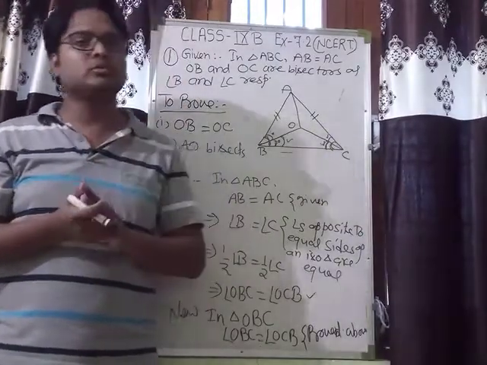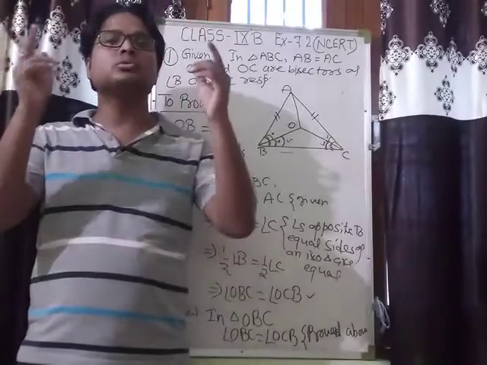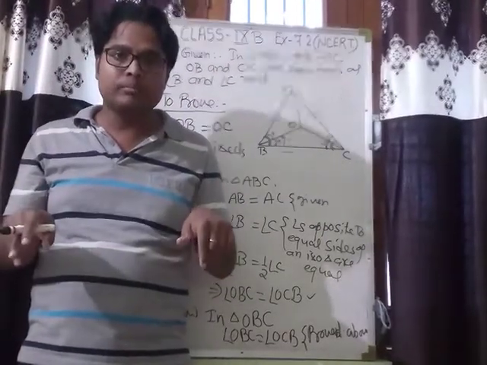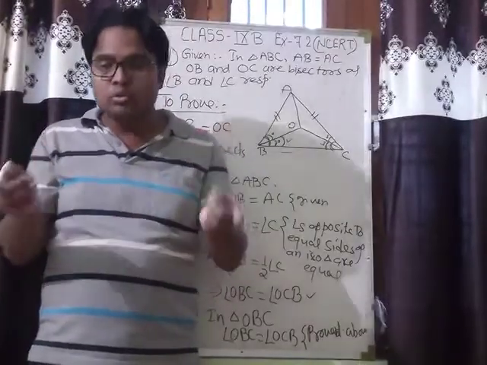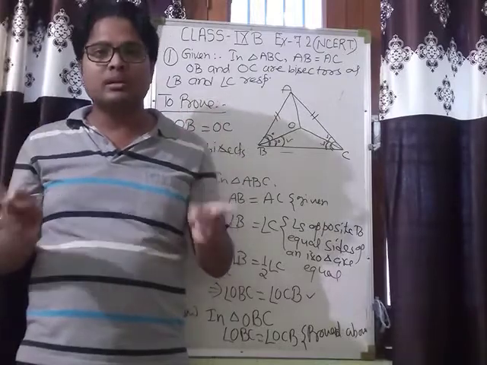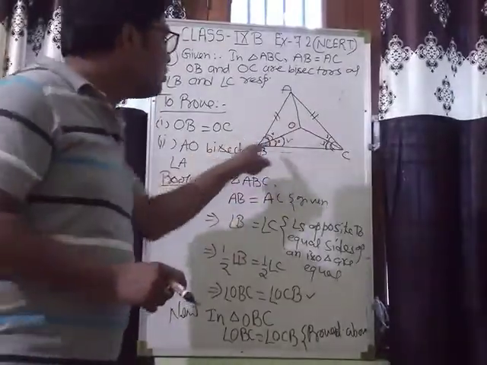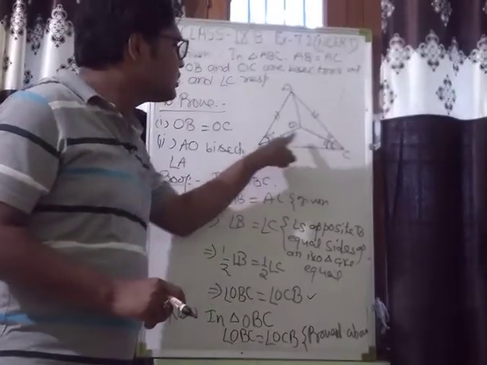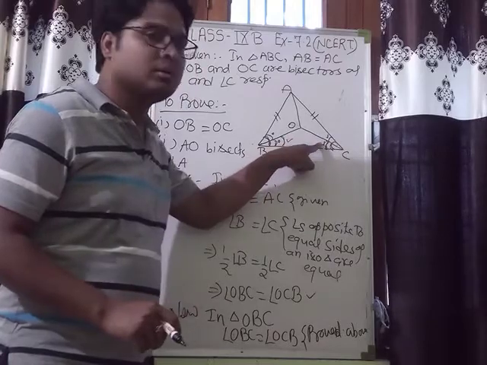We had proved two theorems. In an isosceles triangle, angles opposite to equal sides will be equal, and in a triangle, if two angles are equal, then the sides opposite to those equal angles will also be equal. In this triangle OBC, two angles become equal: angle OBC and angle OCB.